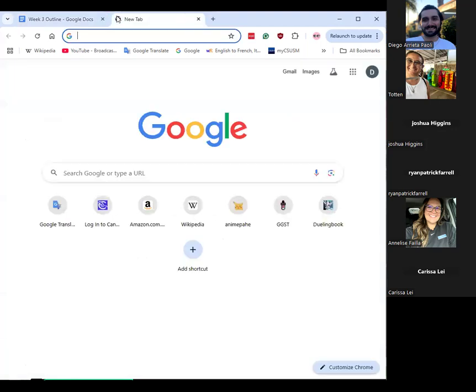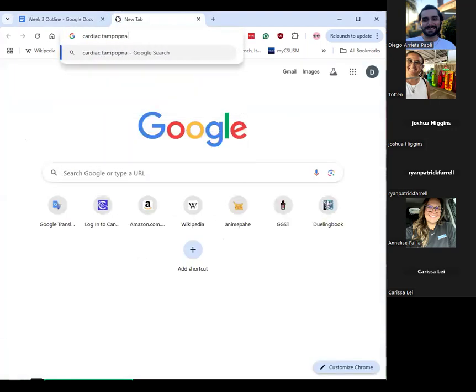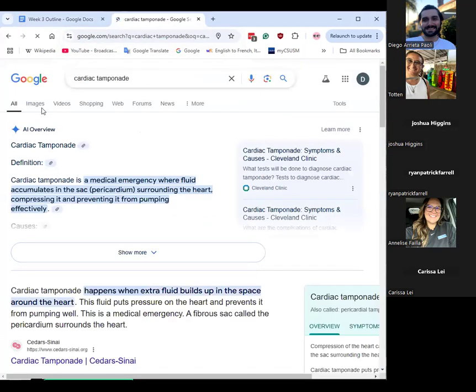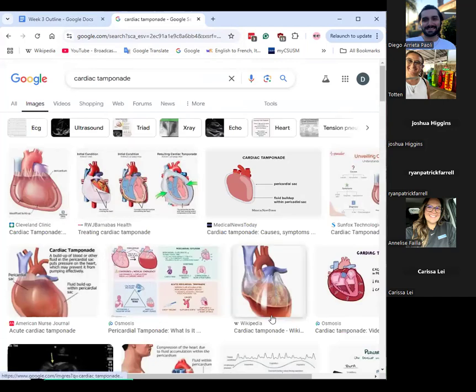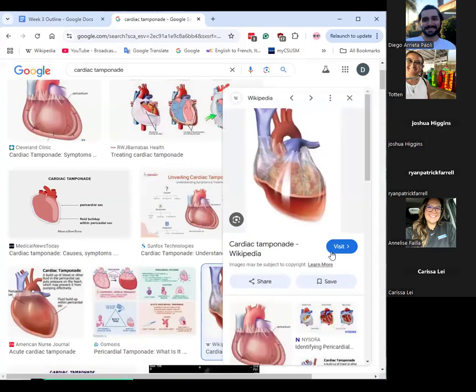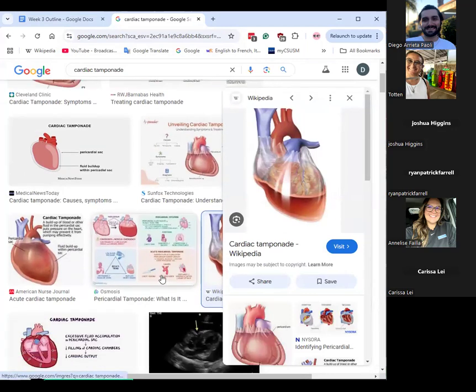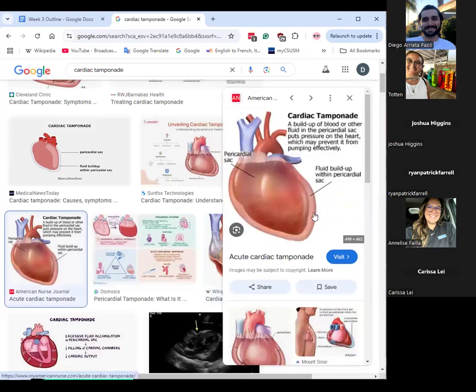Let's take a look at that. Look at that. It literally looks like it's inside of a bag full of fluid, which is essentially what's happening. And all of that pressure is preventing the heart from doing its job.